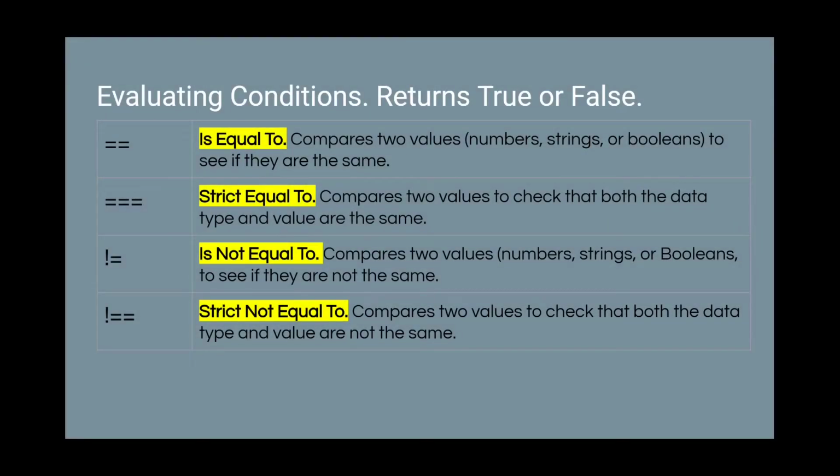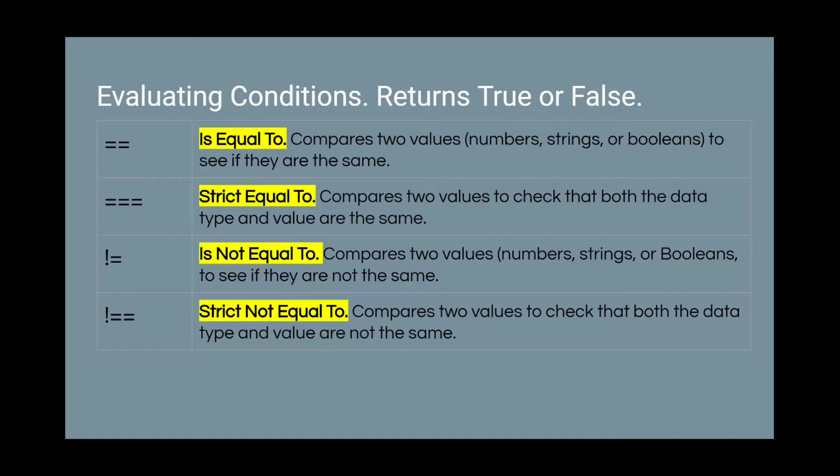Now, let's take a look at these evaluating conditions. So we have double equals, triple equals, an exclamation point equals, and an exclamation point double equals. If you want, why don't you pause the video, write these down, and understand where these are, okay? So what you want to pay attention to is the double and the triple equals. The double equals basically just compares two values to see if they're the same.